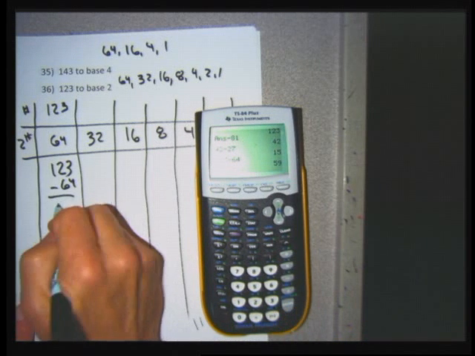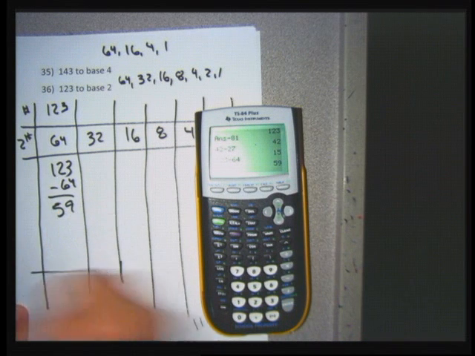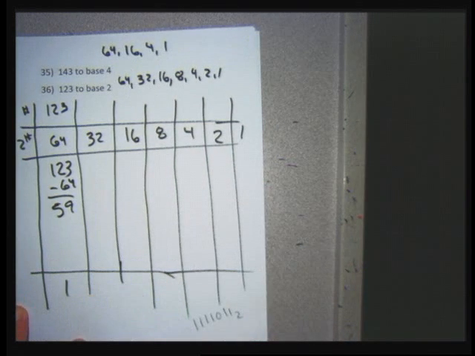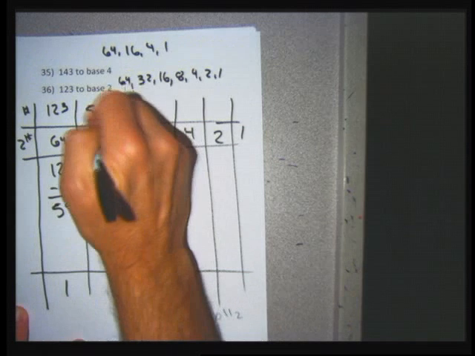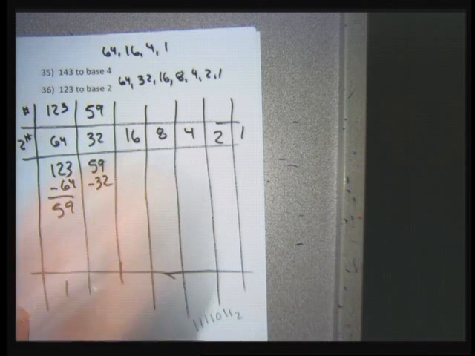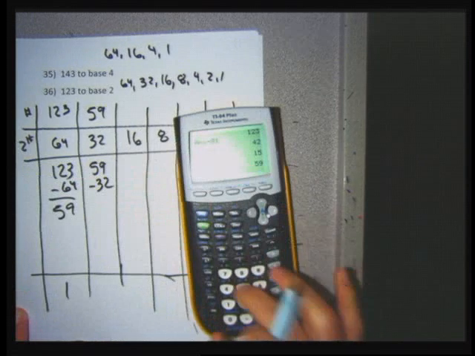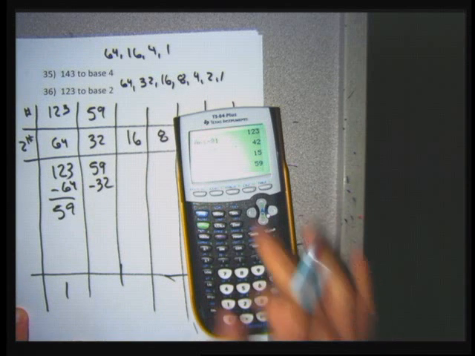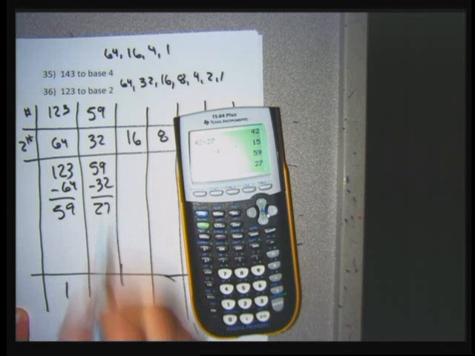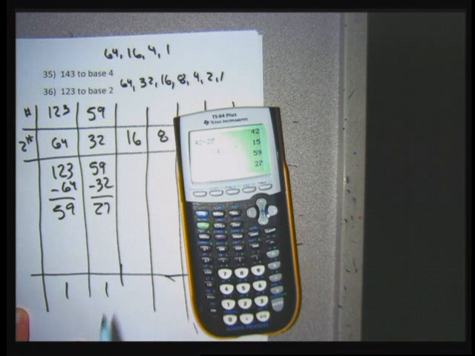Can't subtract it again. So for my answer, I'm going to get a 1 for the first number. Carry my remainder up and subtract. 59 minus 32 is 27. Bring my 1 down because I can't subtract anymore.